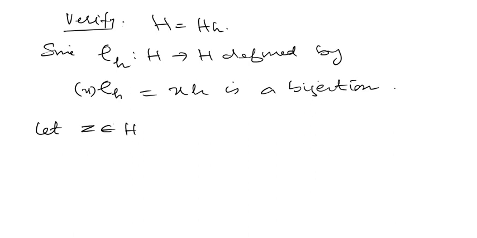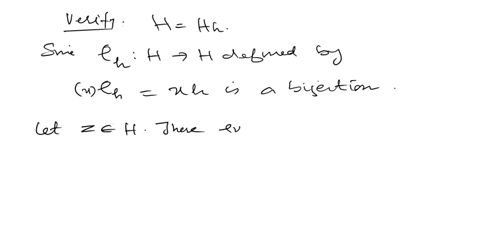We show that z is in Hh. If this z is in H, then its image is again in H. We'll take its pre-image, because rho h is a bijection.